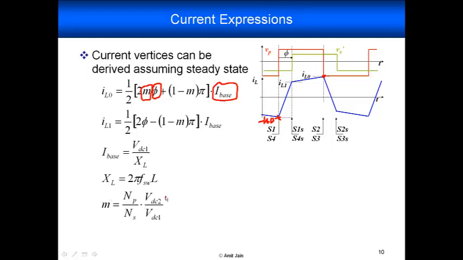So VDC2 referred to the primary side divided by VDC1. And what this tells us is essentially when IL0 and IL1 will be positive. We need that for zero voltage switching, and we can now derive conditions for IL1 and IL0 to be positive based on the phase angle phi and the ratio of the input and output voltages.